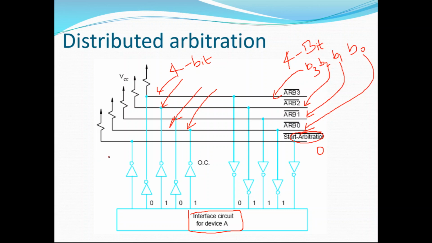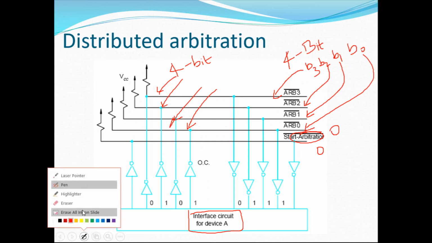There is no central arbiter here. Device B also will keep start arbitration as 0 in its circuit.